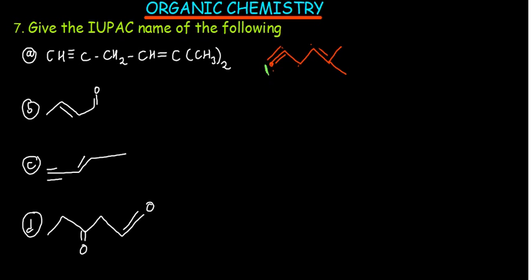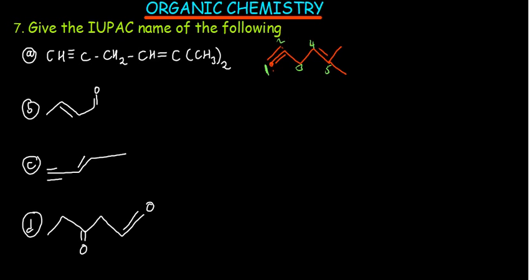But if this one was at position number 1, higher priority goes to the double bond. This would have been position number 1, and then it would have gone in that direction. So therefore I've got position number 1, number 2, number 3, number 4, number 5. Doesn't matter which direction we go.